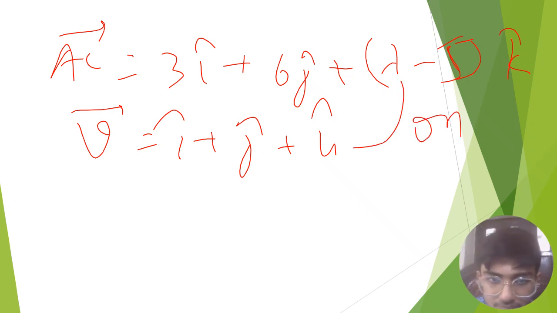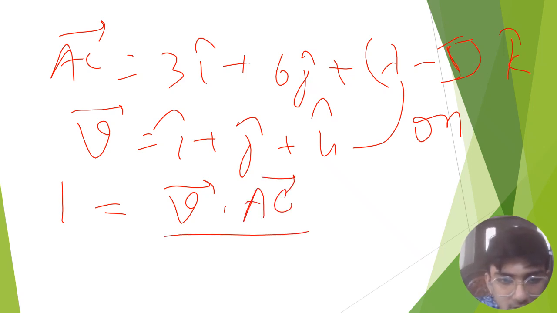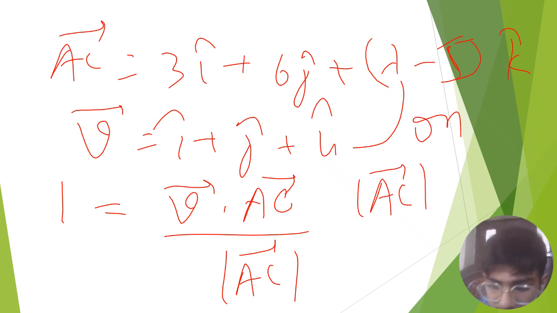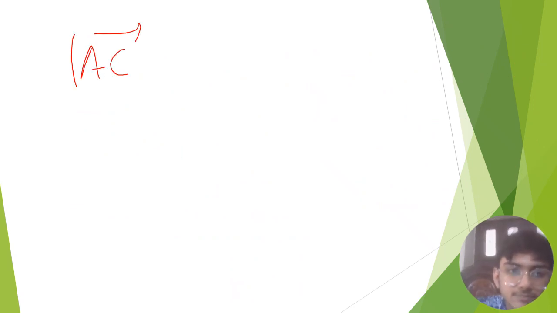The projection is coming to be 1 unit. So we take v vector dot AC vector over the magnitude of AC vector, and this is coming out to be 1.